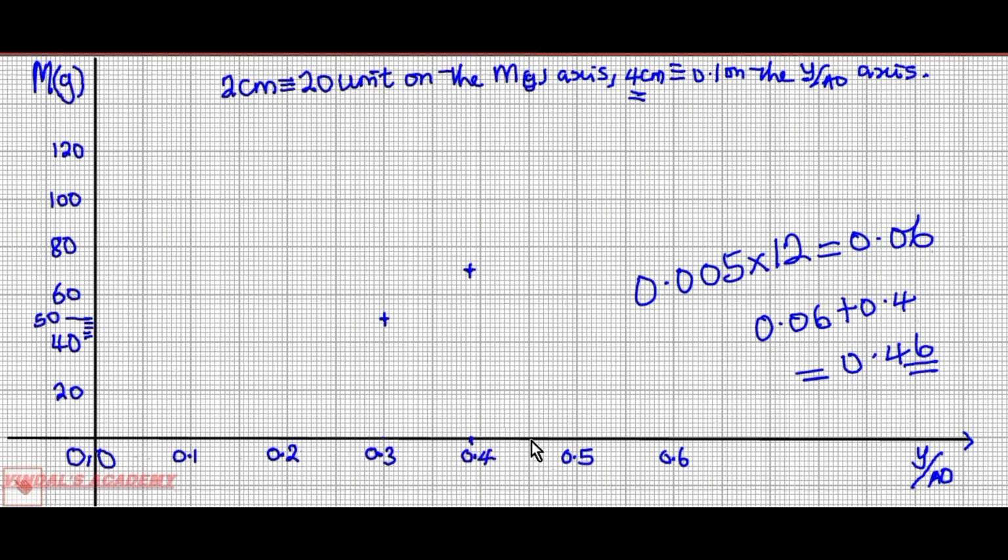Correct. Now let me go to 0.4, 12th line. After this one, 2 lines from there. That will be the 12th line. Let me trace it, and I will trace it to the 90th line. 90 is 5 lines from 80.